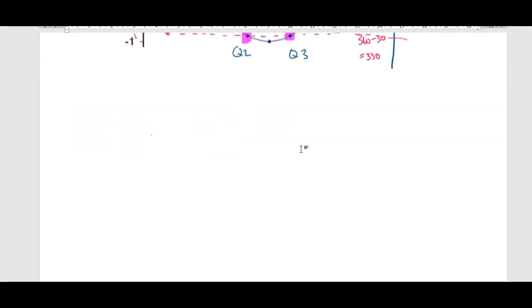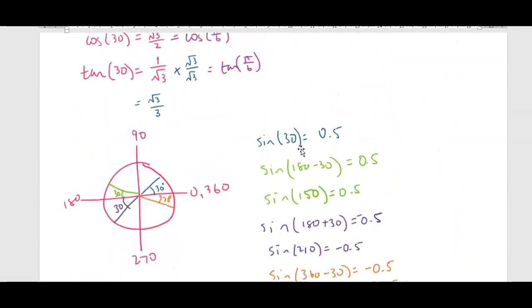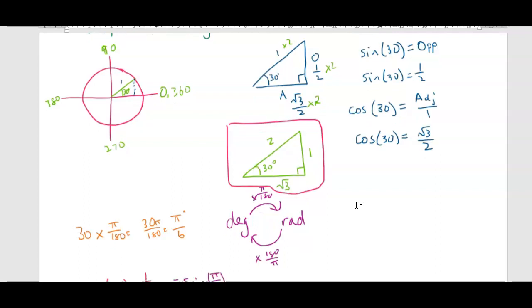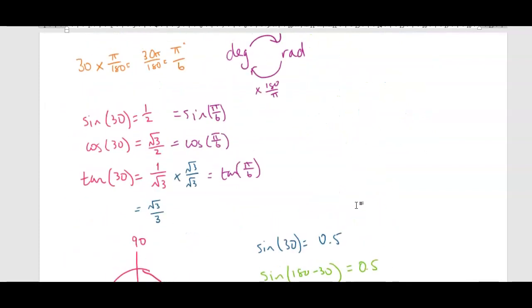I might do it on a new page. Okay, so I'm going to just scroll up because we already found that triangle. Okay, so we can use the triangle here that I've got in green, and I've gone around it in pink. We can use that same triangle, but I'm just thinking aloud here.